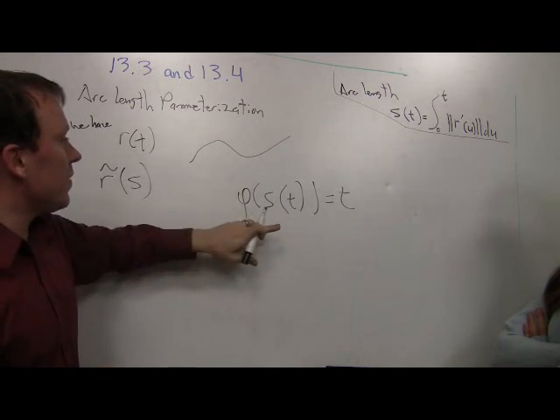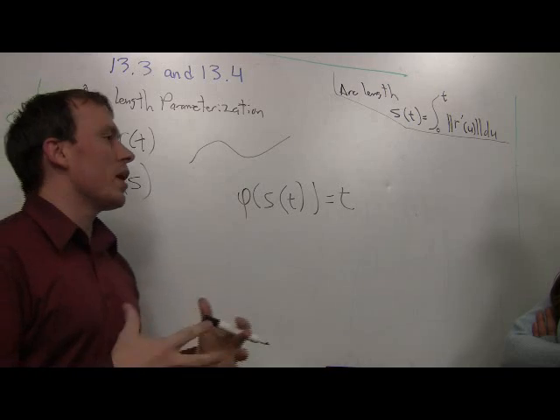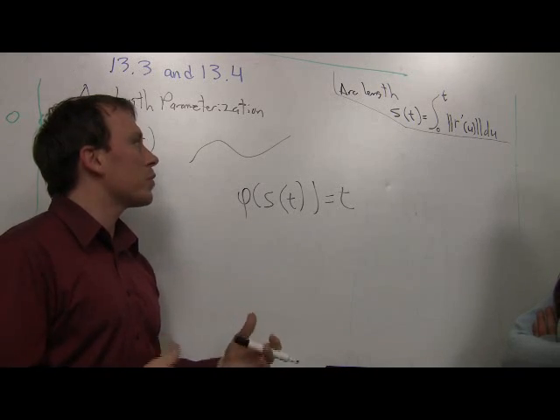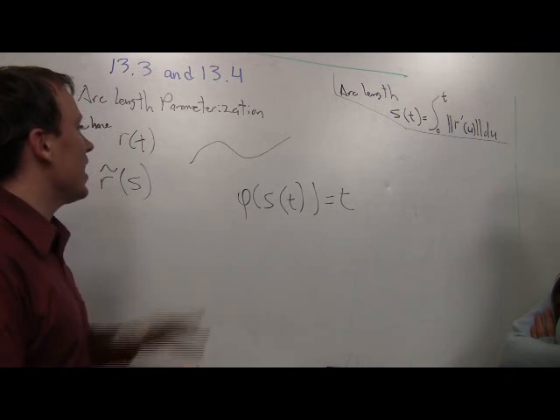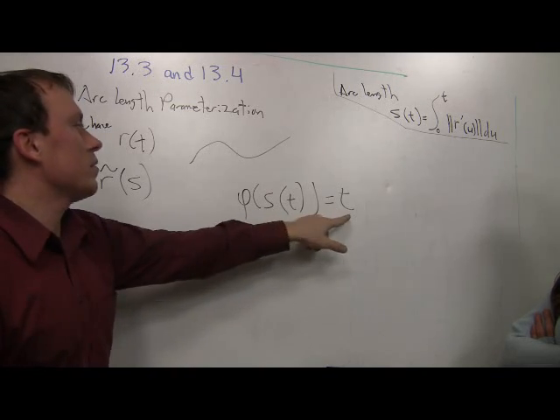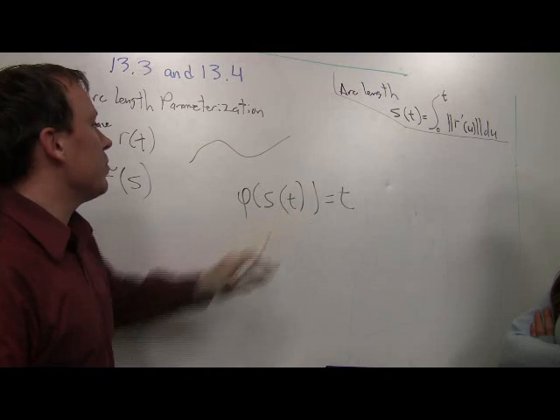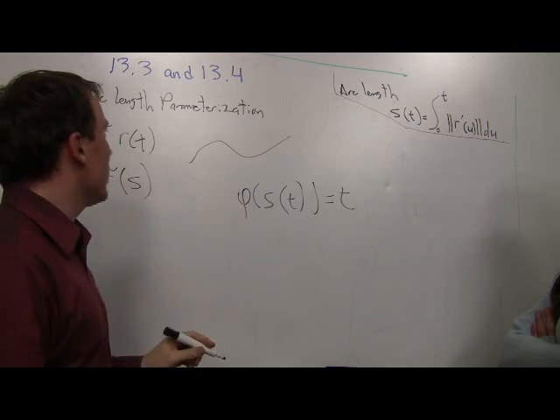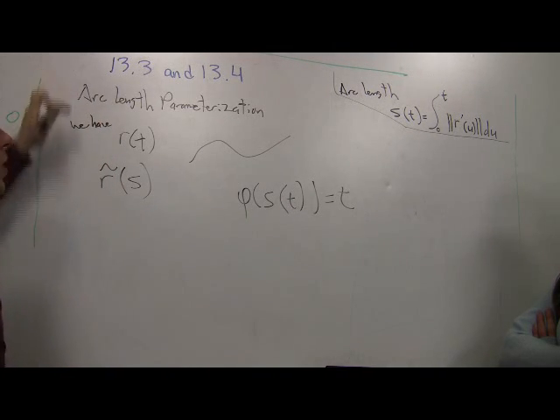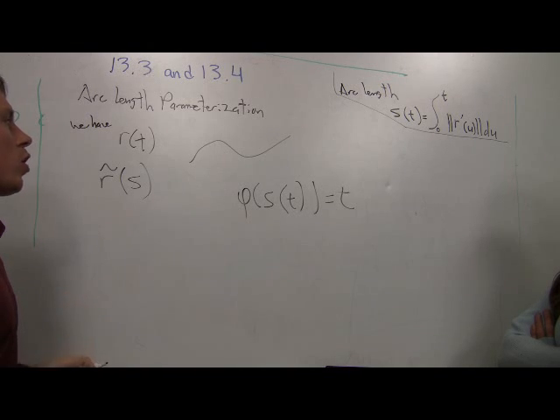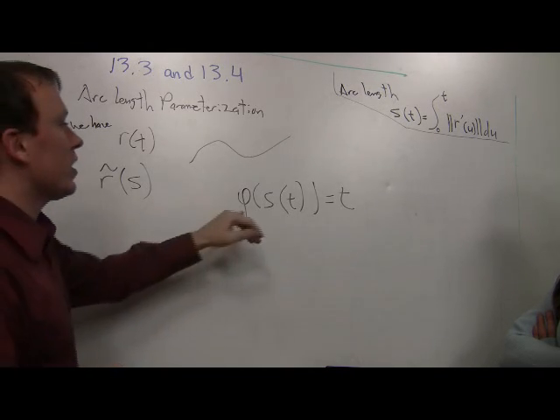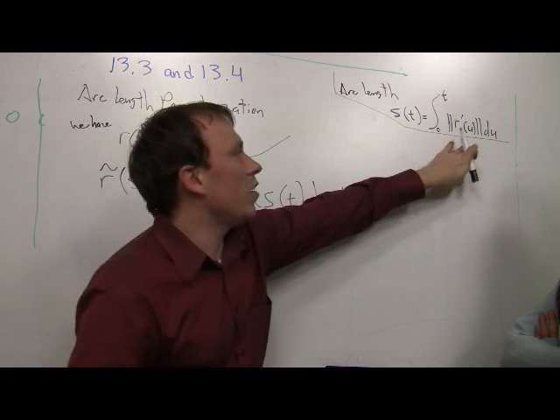And so this phi is going to be this new way of adjusting my inputs that I can relate s back to t. Here, phi is the inverse of s. In order to find a new parameterization for our arc length, I need to calculate the inverse of my arc length.